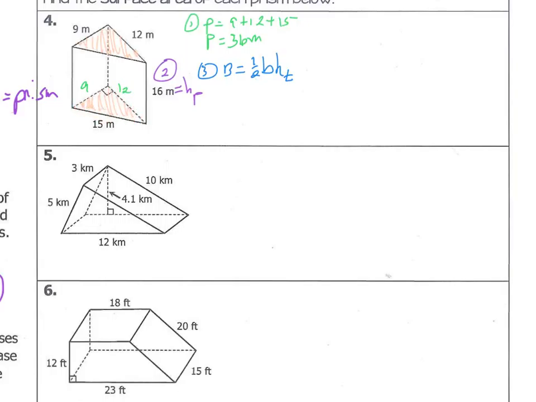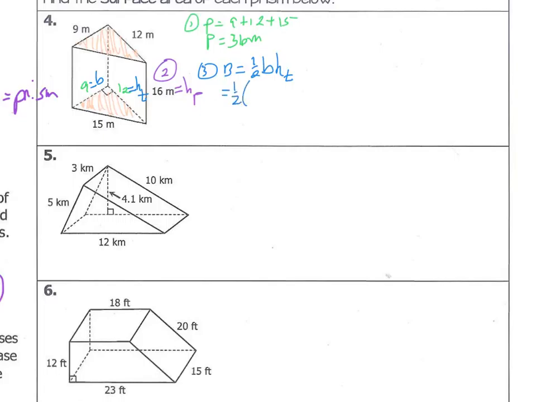So look at your triangle. Okay? Height on a triangle and base are always what to each other? Perpendicular. So we've got these two pieces that are perpendicular. The legs on the right triangle 100% of the time are your base and your height of that triangle. So we're going to make this be our base, and this will be our H sub triangle. So let's go ahead and find those.